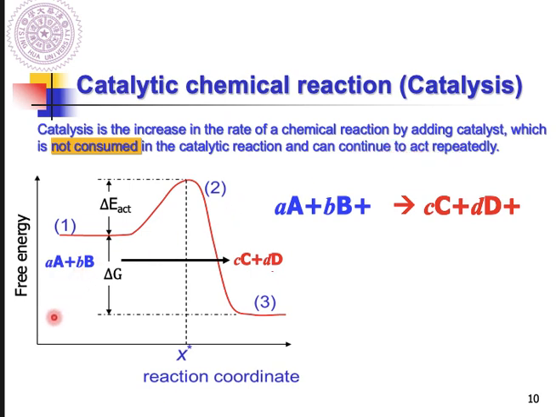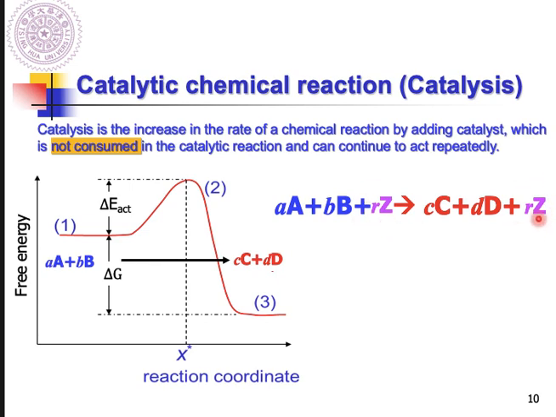So if we still use the chemical reaction we talked about in previous slides, A reacts with B to generate products C and D, and also draw the free energy as a function of reaction coordinate. In this case, if we add the catalyst Z, what happens on the plot of free energy versus the reaction coordinate?